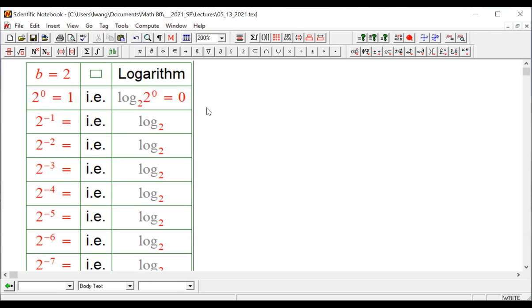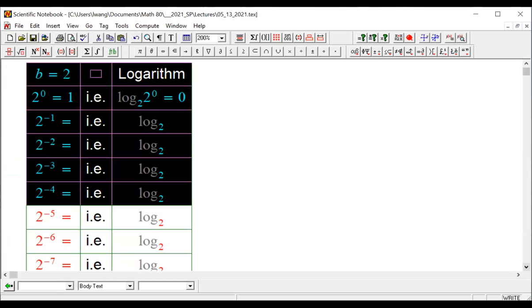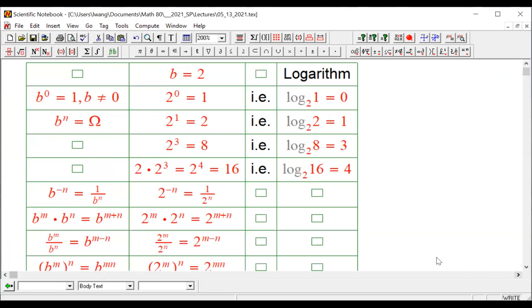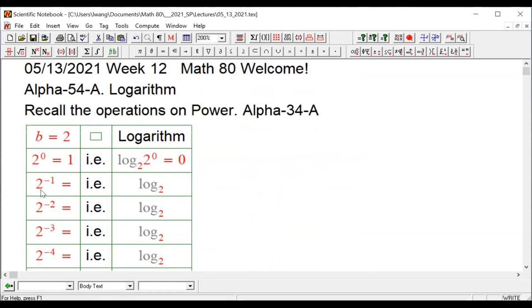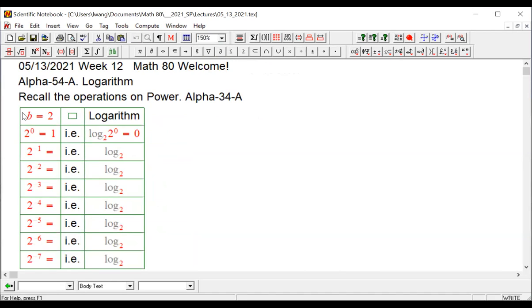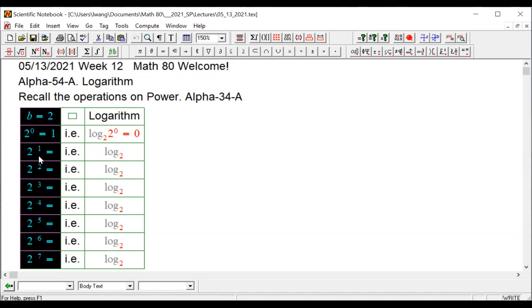We have done that. 2 to the power half, 2 to the power negative 1, what would that be? So now I'm going to insert another column here for your practice.